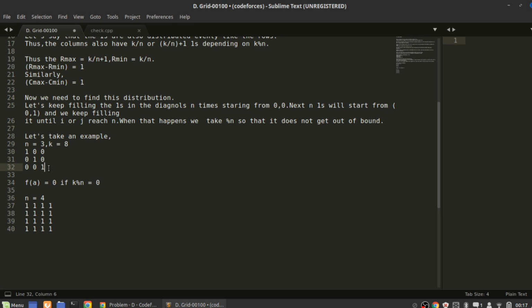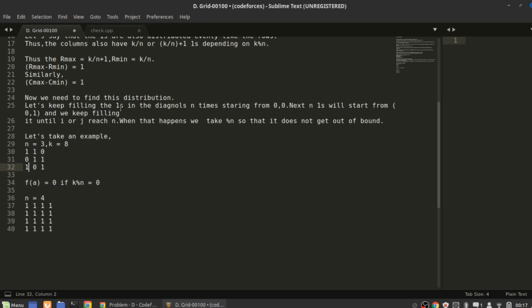Now as I said, we will do that only n times, and after n times we start from 0, 1. So we start here. Now we put another 1 here, move diagonally, put 1 here, and as we reach the end of bounds we take modulo n and go to the beginning of the array every time. So we go here, we put 1 here.